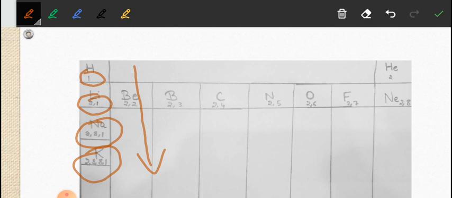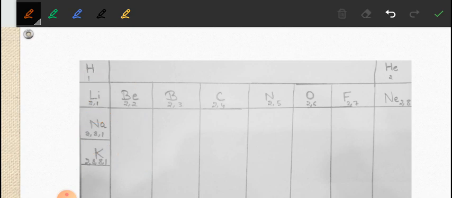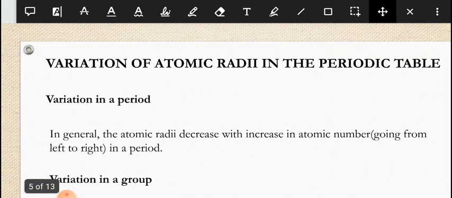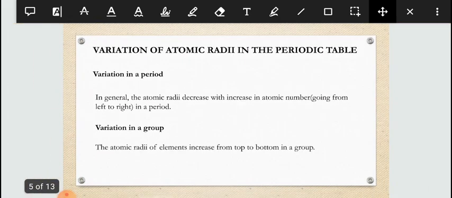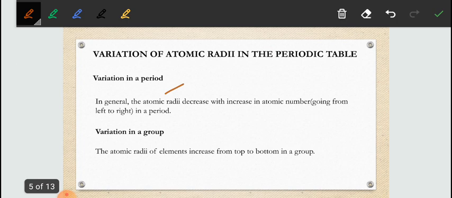So in case of potassium, the last electron has very less pull towards it, so size will be increased in case of potassium. So as we move down the group, because the number of shells increases, nuclear charge decreases, so atomic size will increase. Okay, so as we have discussed, in a period, atomic radii decrease with increase in atomic number.